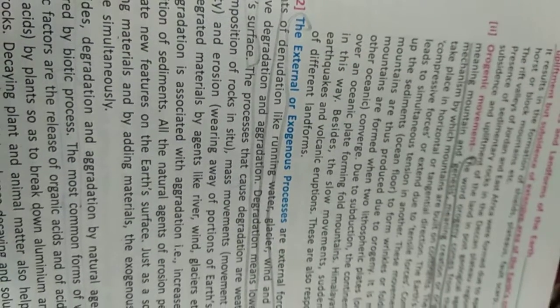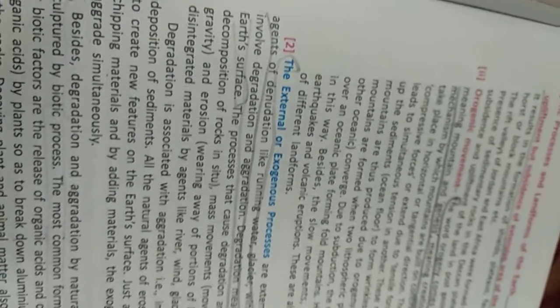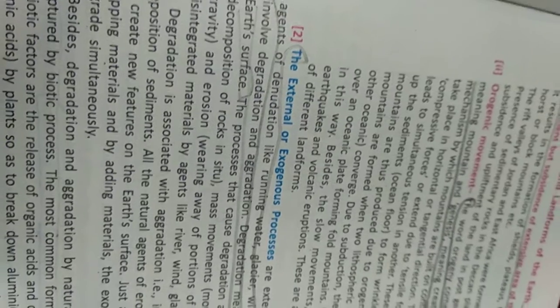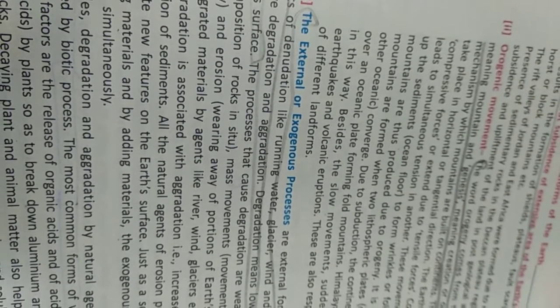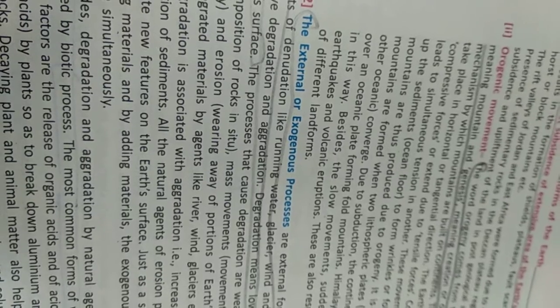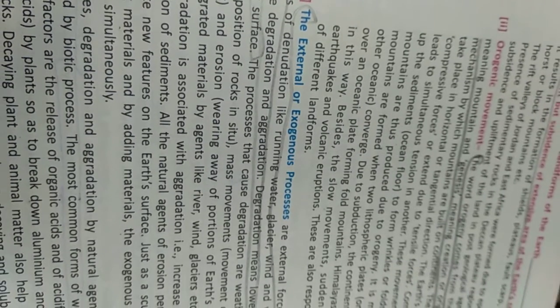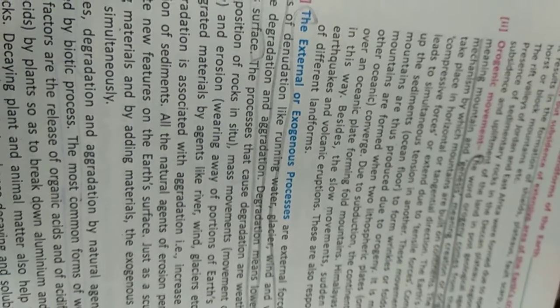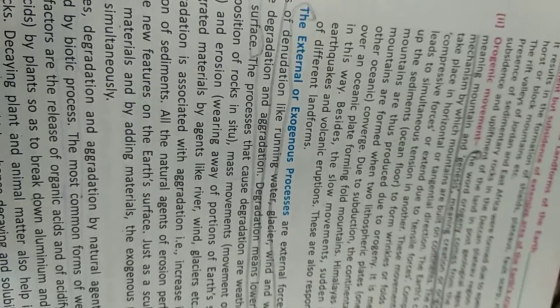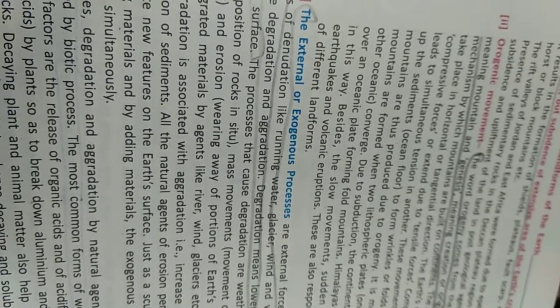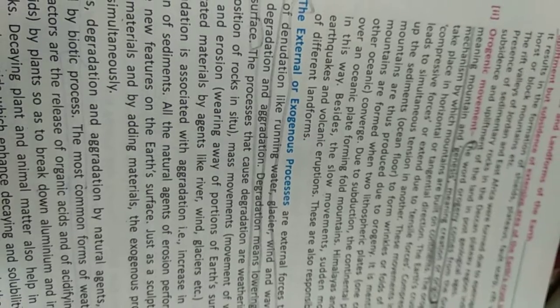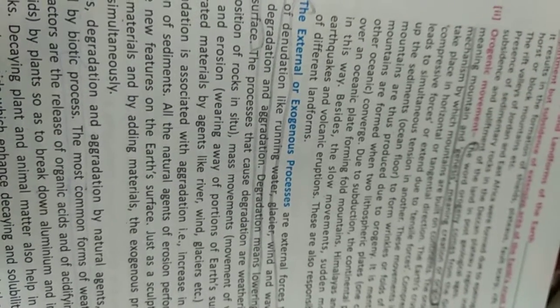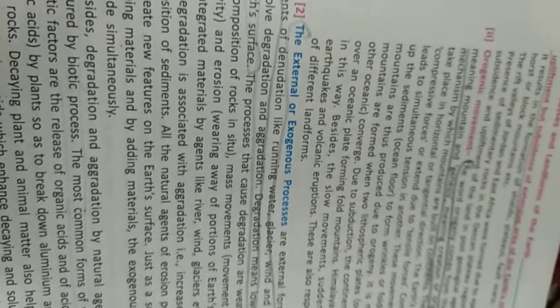Wind also, when blowing, takes away pieces of rocks from the mountains or sand particles, but on the way it deposits those particles somewhere. So all the agents are working in both processes of degradation and aggradation.